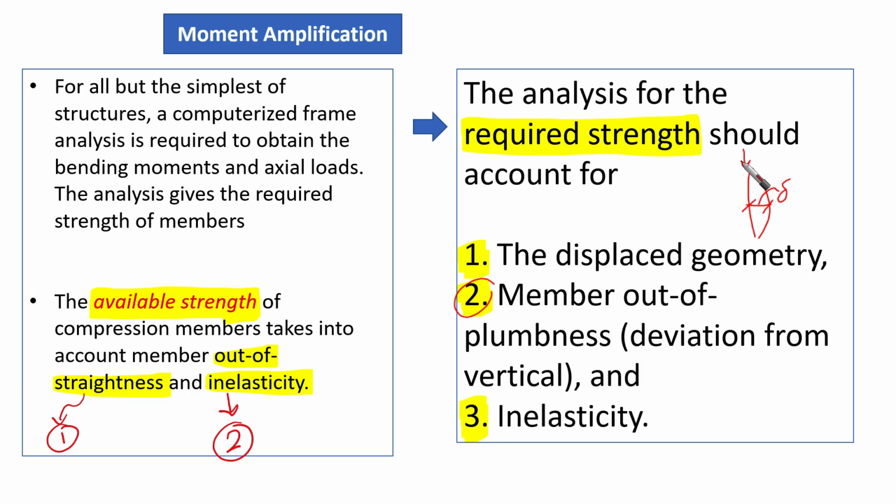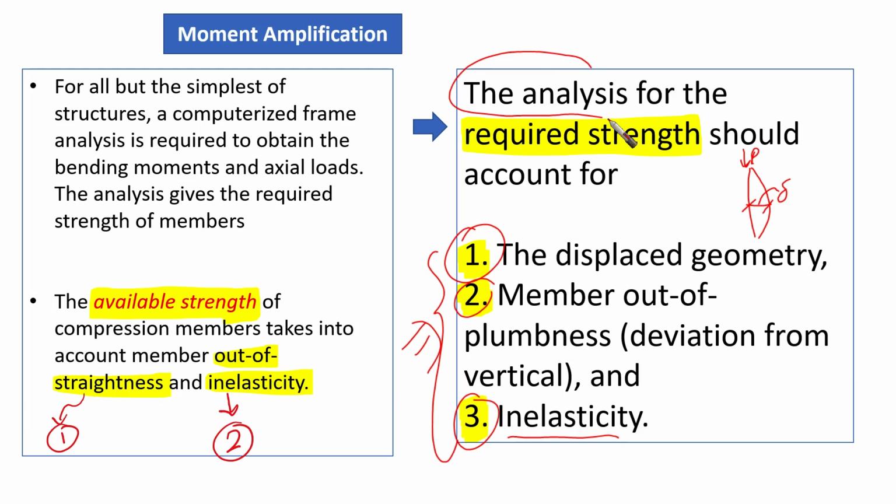This is delta if we have P here. And the third one is inelasticity. So we have three things that we need to take into consideration, or the analysis should take them into consideration, in order to obtain the required strength. I hope that everything is clear for you now.